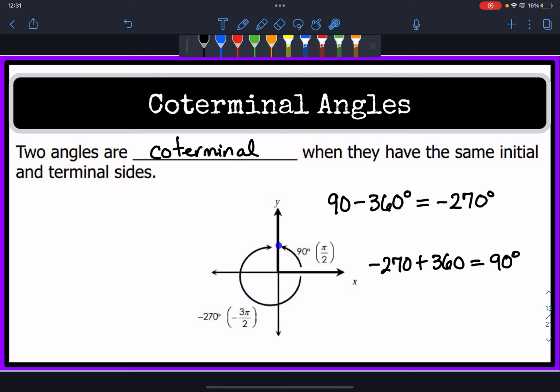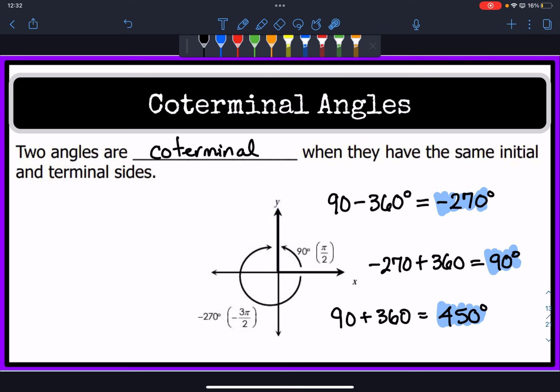Like if I stop here at 90 and I rotate another 360, that equals 450 degrees. So 450 degrees is the coterminal angle to 90 and the coterminal angle of negative 270, because all three of these angles terminate in the exact same place.